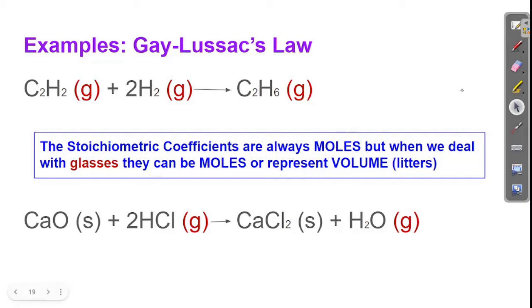You cannot do this solid with this gas, or this gas with this solid, and call it liters or any other unit of volume. It doesn't work that way. It only can relate gases to gases if you want to use volume units. Okay, we'll see how this works in a minute.